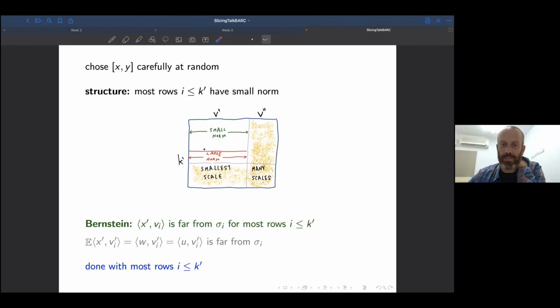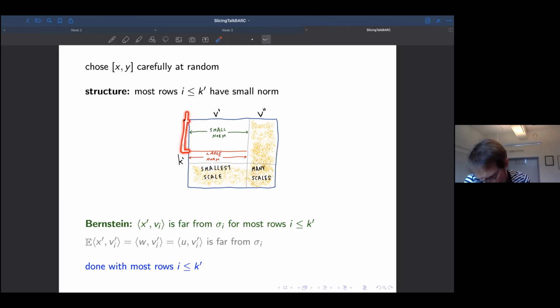When we did the rounding, there are too many of these to just abstractly say that we are far. So we need some additional structure, and the additional structure is that the norm here is small.